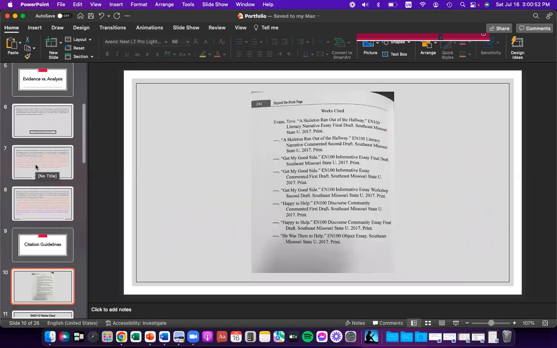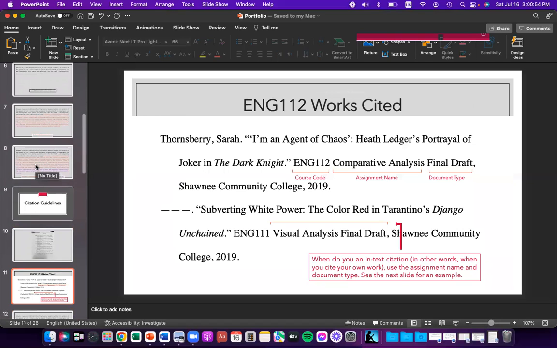Citation guidelines, you can look at the examples in Beyond the Blank Page to help you. This is how it would look for you if you were using Shawnee Community College. So let's say it would be Thornsberry, Sarah, rhetorical analysis on Ricky Gervais, period, ENG 112, rhetorical analysis final draft, comma, Shawnee Community College, comma, 2022.